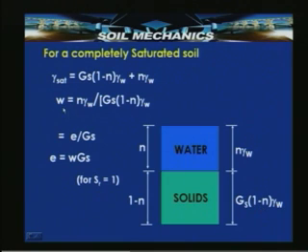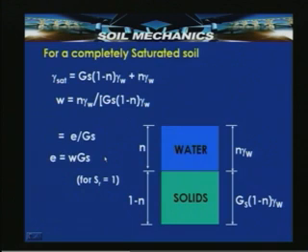From the definition of water content, the weight of water divided by the weight of solids, n gamma w divided by Gs into (1 minus n) gamma w, gives the relation w is equal to e by Gs, and e is equal to w Gs, a relation between water content, void ratio and specific gravity of solids. This is for degree of saturation equal to 1. So, in a simple way we can deduce relationships by using the unit volume approach.